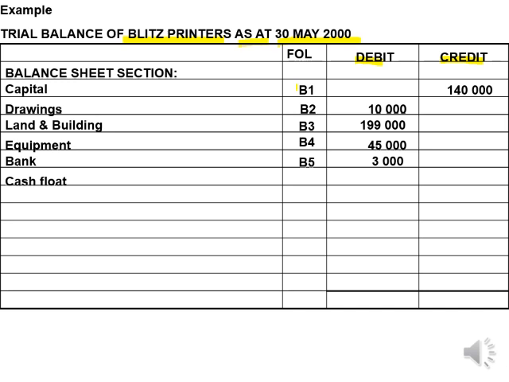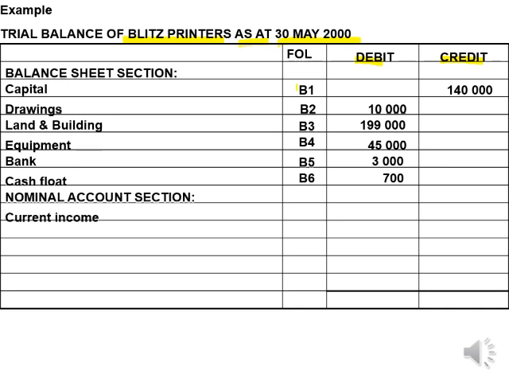Cash float, again, it's also an asset, and being an asset, that's B6, and it increases on the debit side again. So we go to the debit side and we record our amount. That is how we are going to be recording the accounts that we'll be having in the balance section. Should we have more, you just follow the same principle.